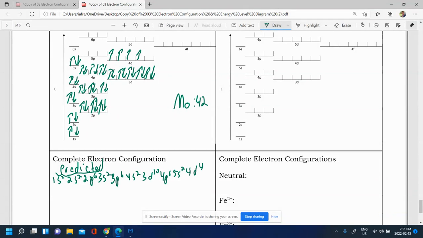And so that's your predicted. And of course, if you want to do the noble gas shorthand notation, you could do Kr 5s2 4d4.